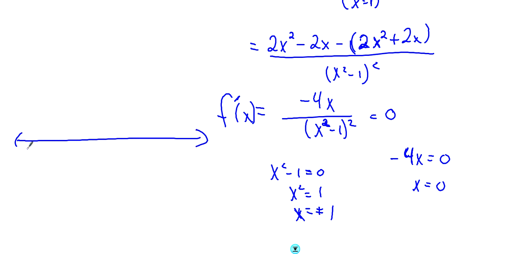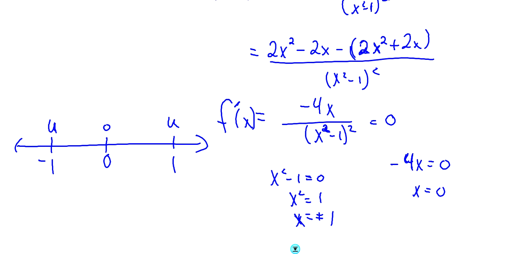So here we go. Now the difference on this one is when I plug in 0, that is a 0, but at negative 1, my function is undefined, and at positive 1, my function is undefined, where my derivative is. And we do exactly the same thing we did the last time.